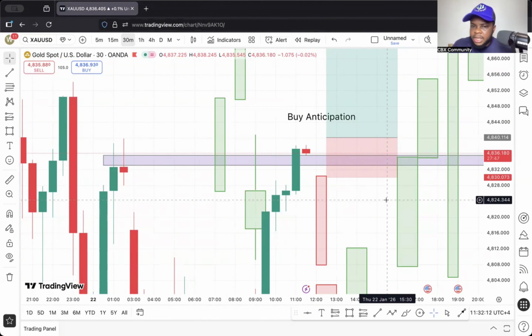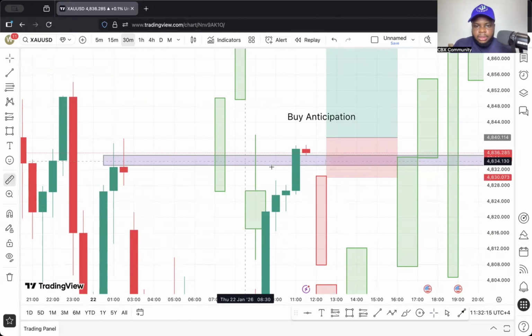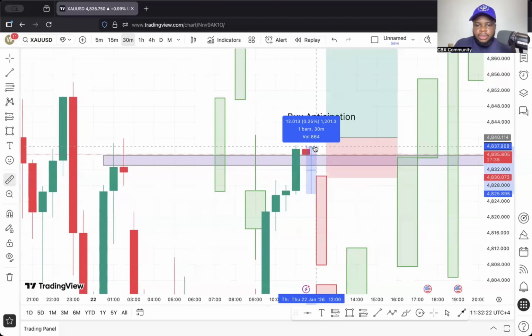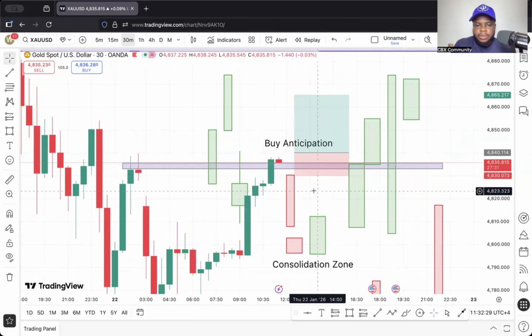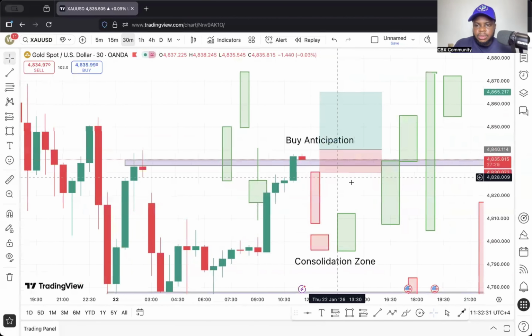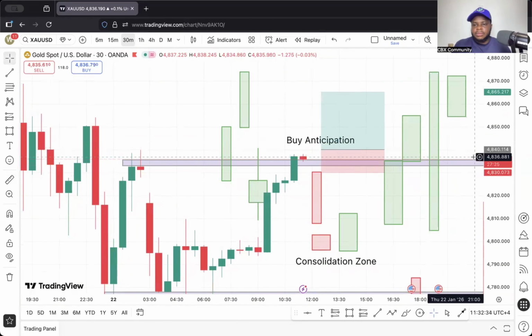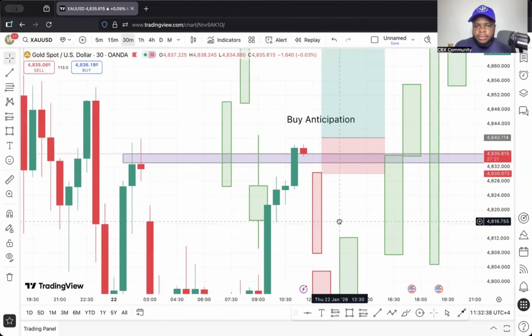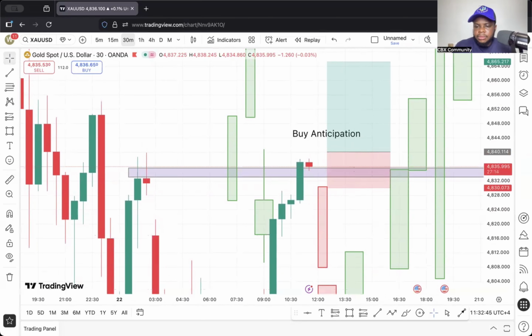We don't need to do anything. Let me measure this. 120 pips market. So let's see. Let's see what this 30 minutes candle wants to do.